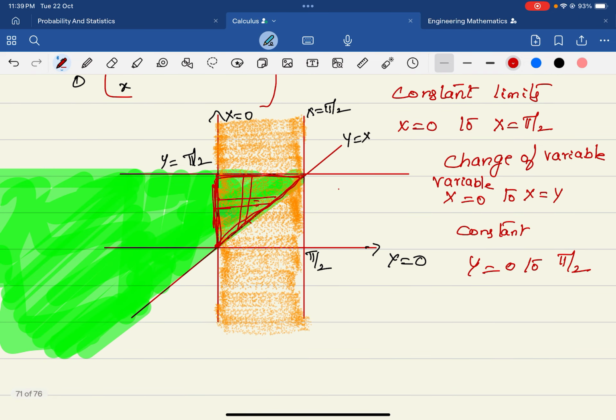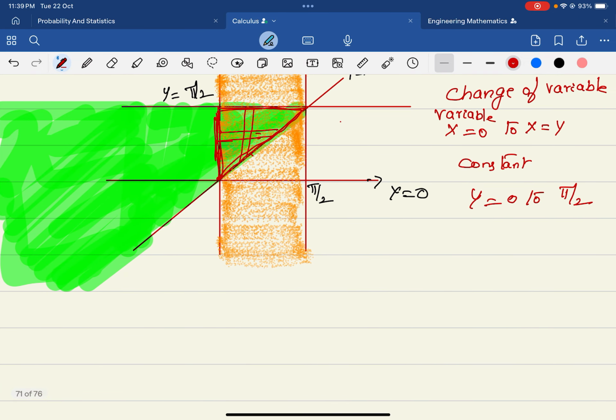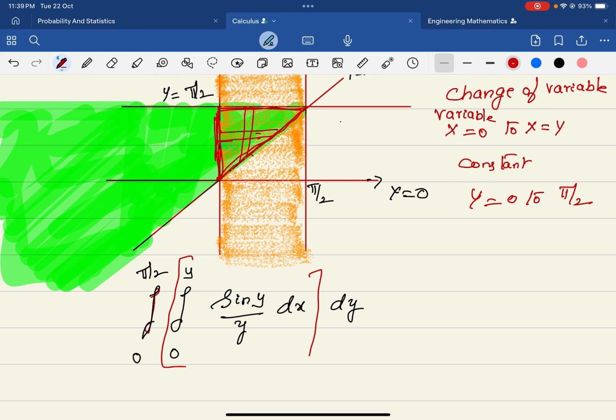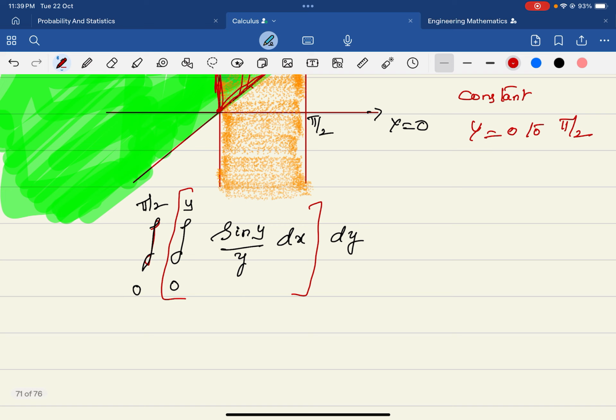So now let us normally solve the integral. What is the integral now? Let us take that. So double integral, your x limits are from 0 to y, and y limits are from 0 to pi by 2, and this is sine y by y, and it should be dx dy. Let us now solve this integral by putting in the bracket like this, and then it is the normal way of integration.